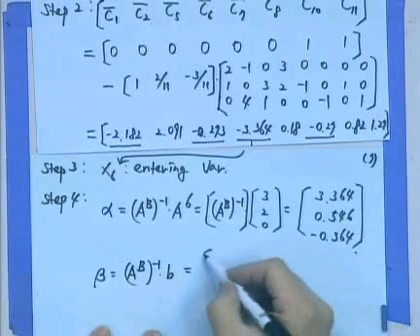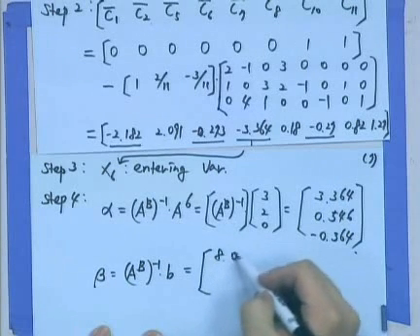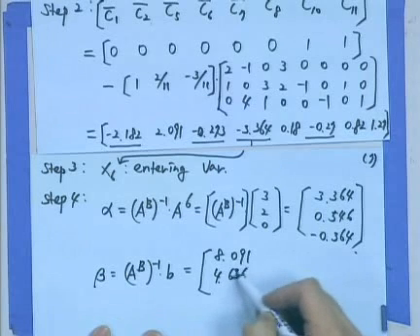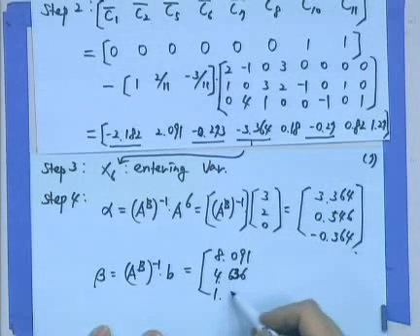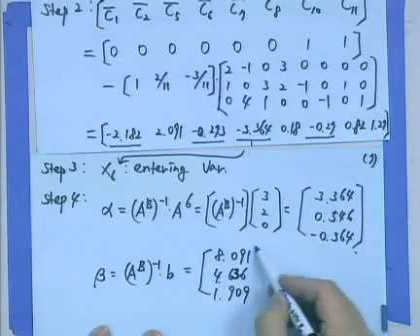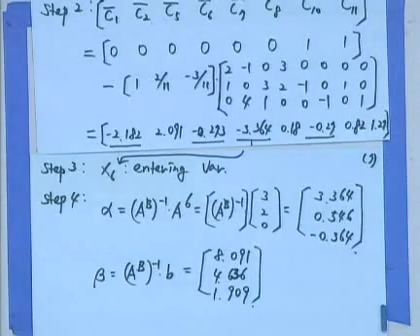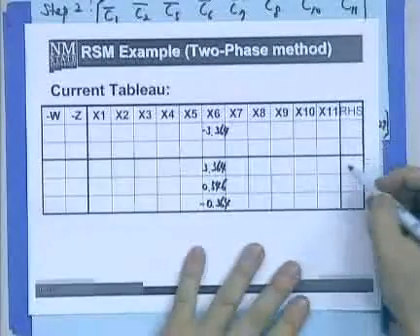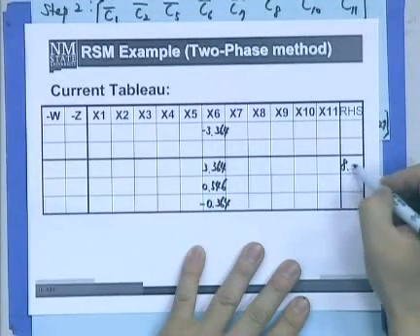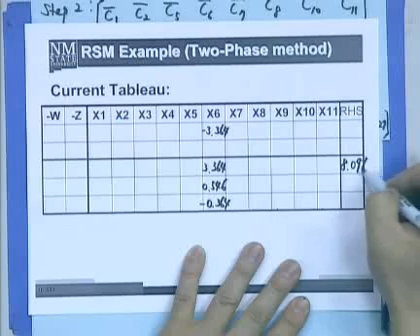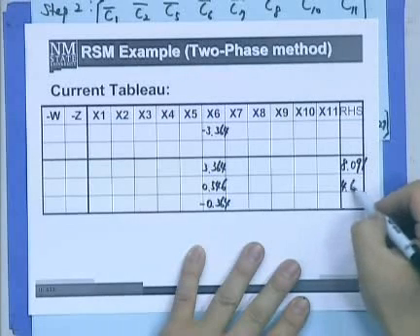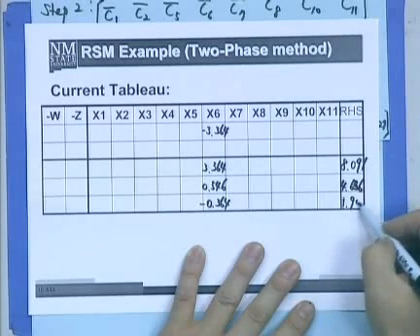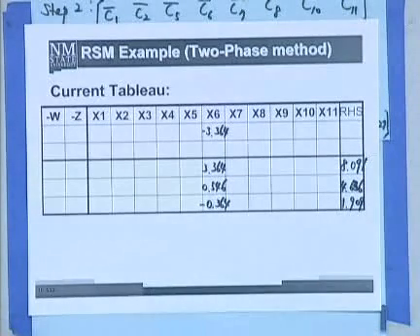And it must be 8.091, 4.636, 1.909. Okay? So we can update the table with these values, 8.091, 4.636, 1.909, right?